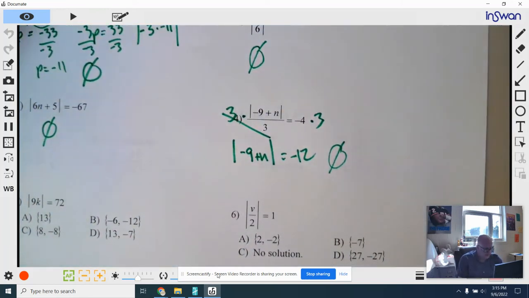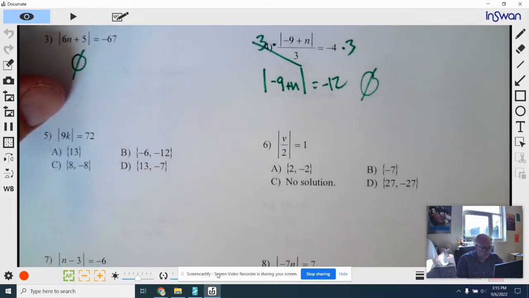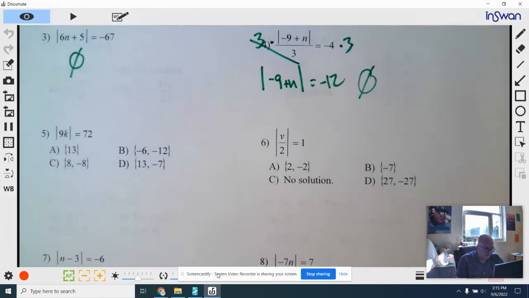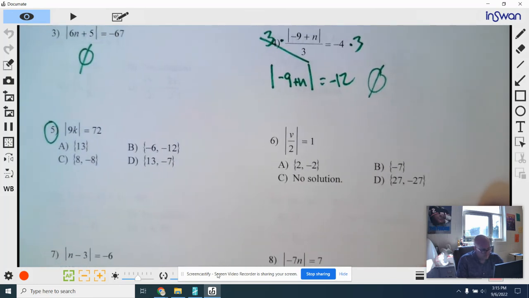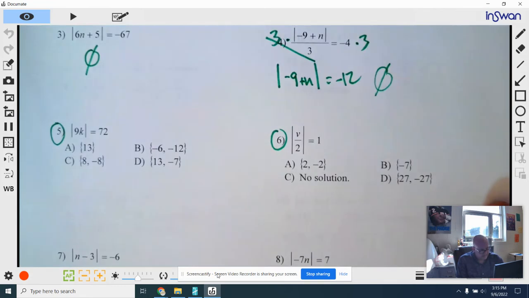Okay. Today's problems that you're going to do, you're going to see some of them are actual answers like we've been doing, and some are going to be no solution answers. Okay, you guys go ahead and solve number 5. Number 6.